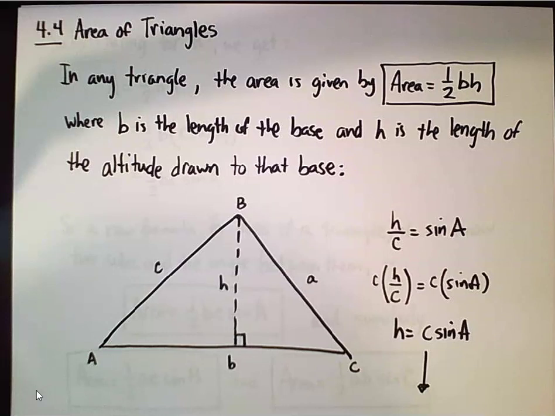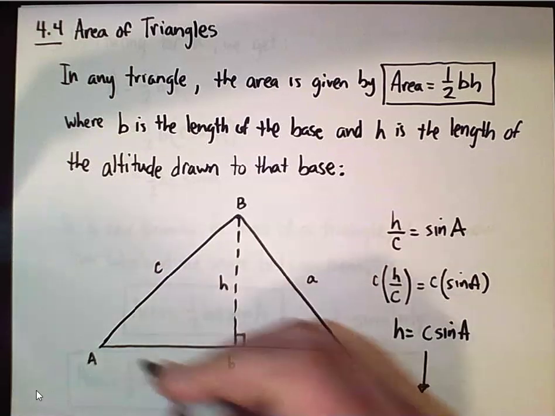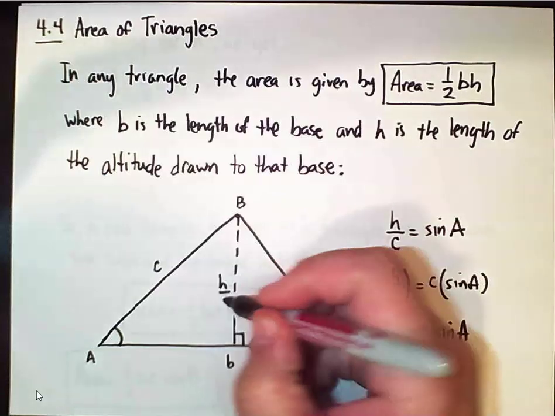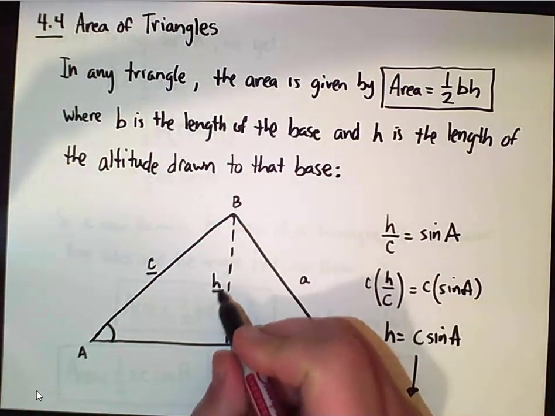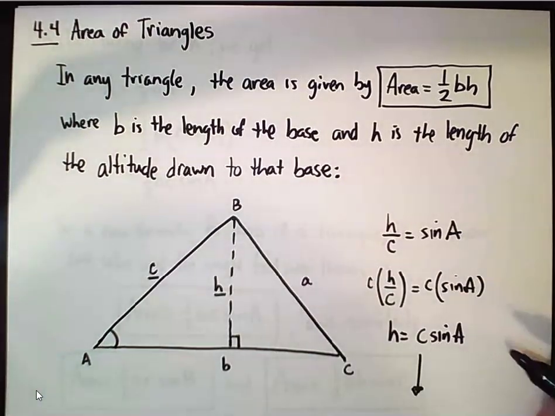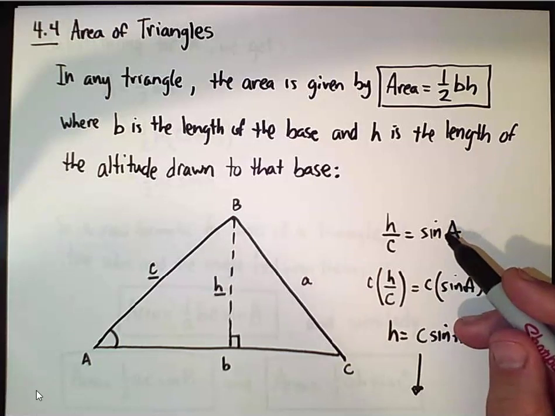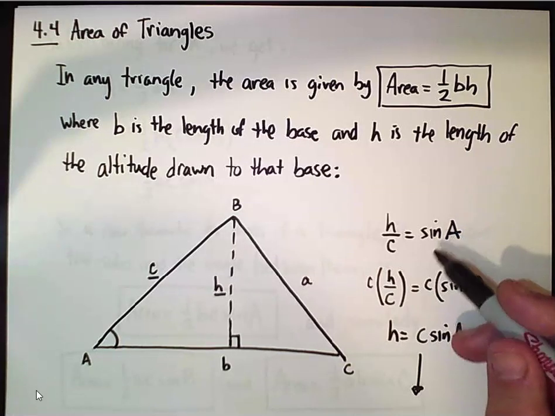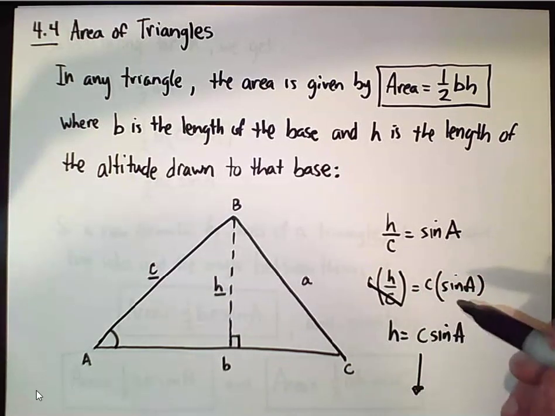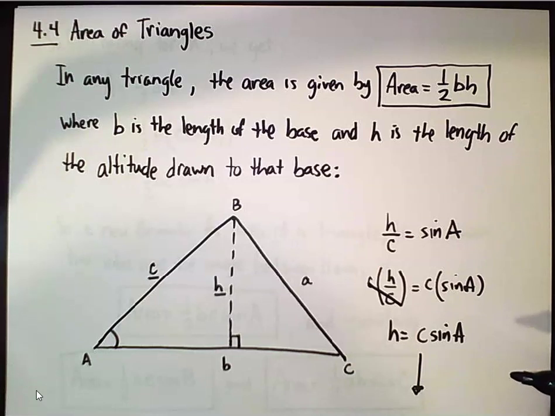For instance, if we call the altitude h and we're looking at angle A, then h over c is equal to the opposite over hypotenuse of angle A, so that would be the sine of A. If I solve this equation, h over c equals sine of A, for h by multiplying both sides by c, the c's cancel on the left-hand side, and I get that the altitude of that triangle is side c times the sine of angle A.